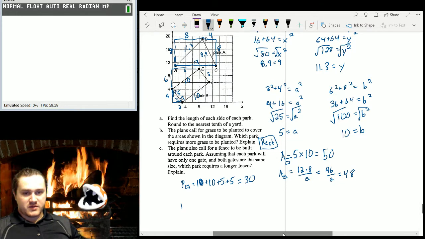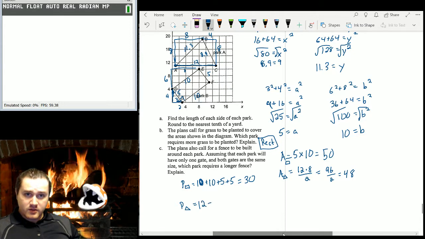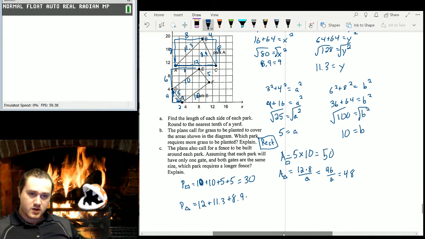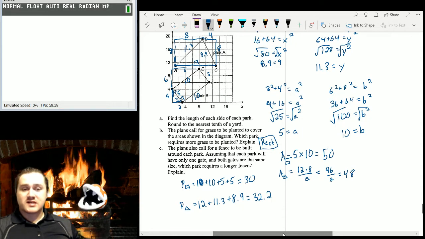Alright, but for the triangle, we would do 12 plus 11.3 plus 8.9. So that gives us a total of 32.2. So if we're talking about which is a longer fence, the longer fence is the triangle.